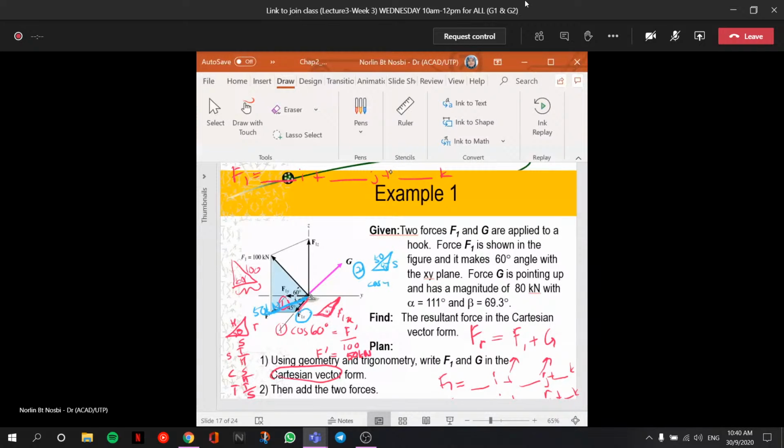So now you will get F1x equals 50 times cos 45, which is 35.36 kilonewton. Okay, now because you found the value here, you can transfer it to vector F1. So you get 35.36. Please make sure you check back: is it positive or negative, the direction for F1x?